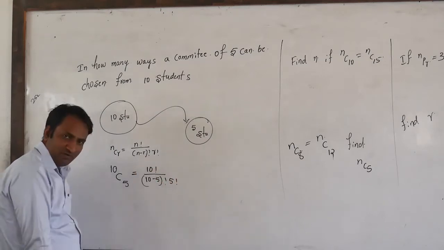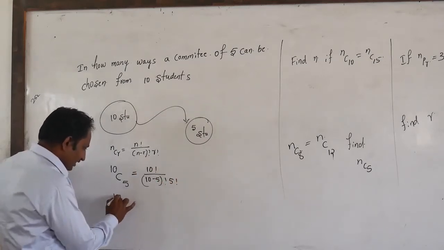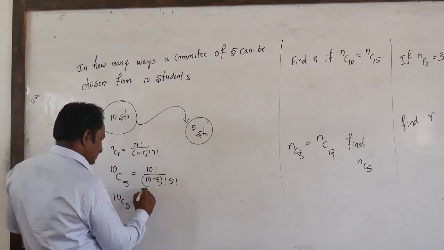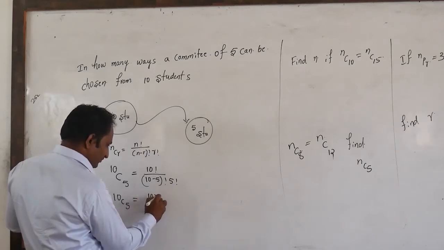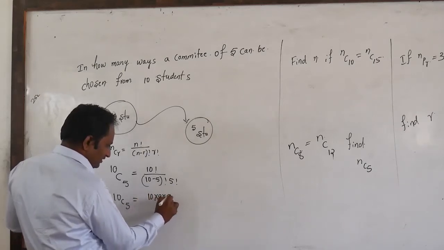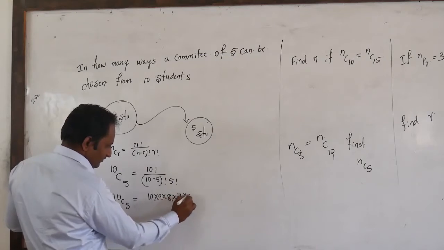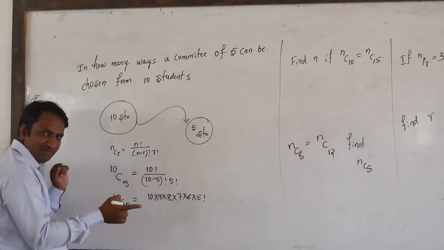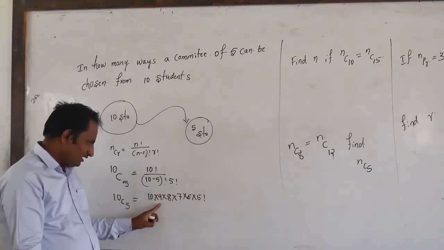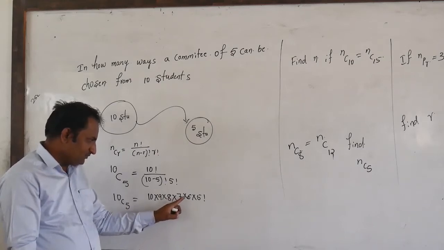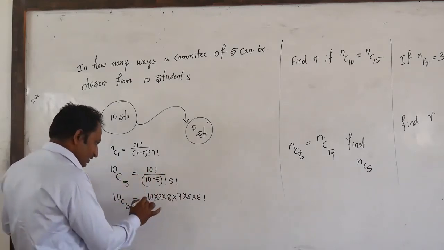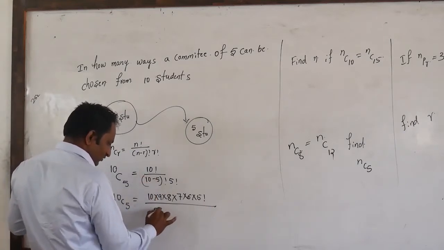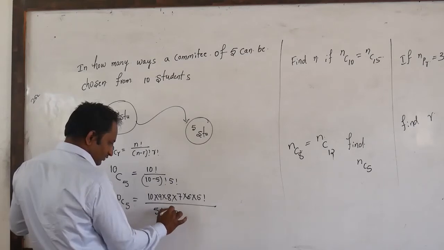Here 10C5 is equal to 10 factorial, which can be extended as 10, 9, 8, 7, 6, 5 factorial, divided by (10 minus 5), that is 5 factorial, into 5 factorial.